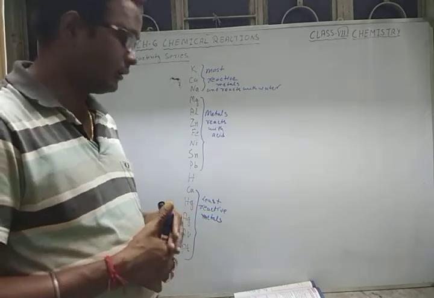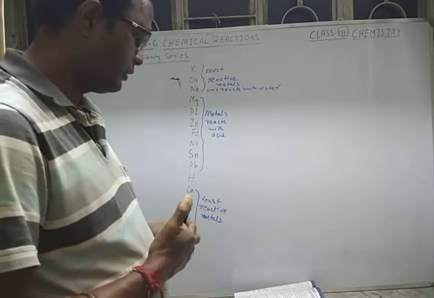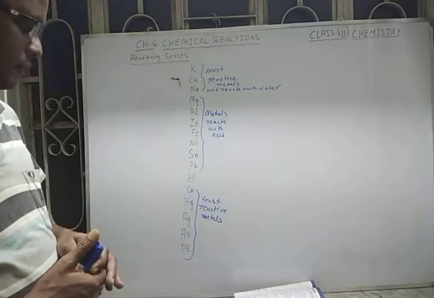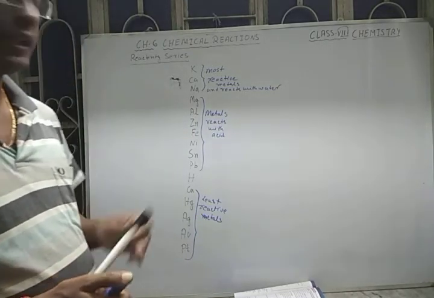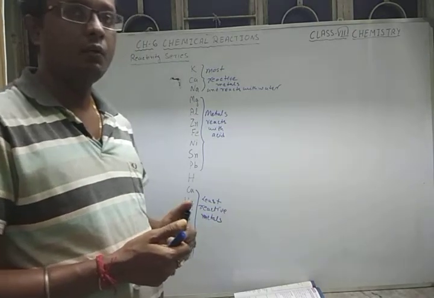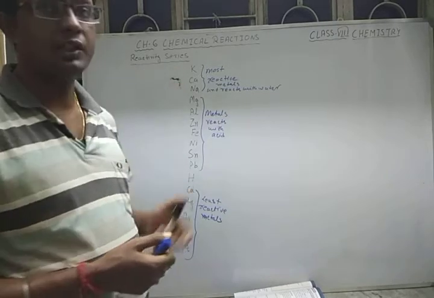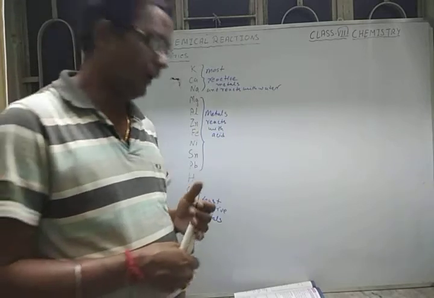Now we will see some features of this metal activity series. The first metals are the most reactive, and they generally react vigorously with water very quickly. That's why sodium and potassium are kept in kerosene oil.